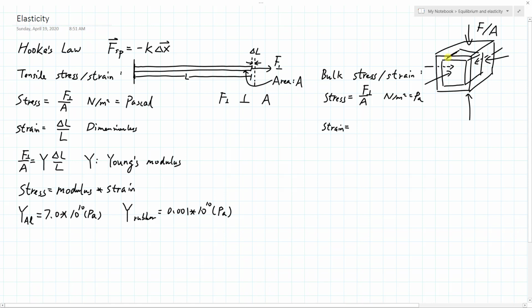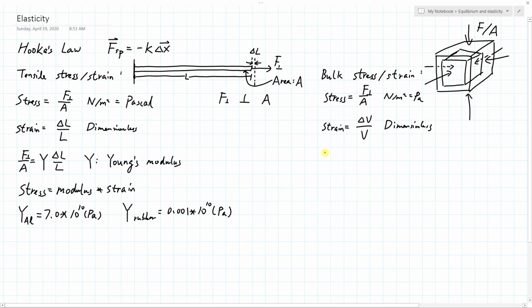So this sphere has shrunken down. So there's a change of volume, and then there's the overall volume. So this is again a dimensionless quantity. To relate the two, we just use this general formula: stress equals modulus times strain.